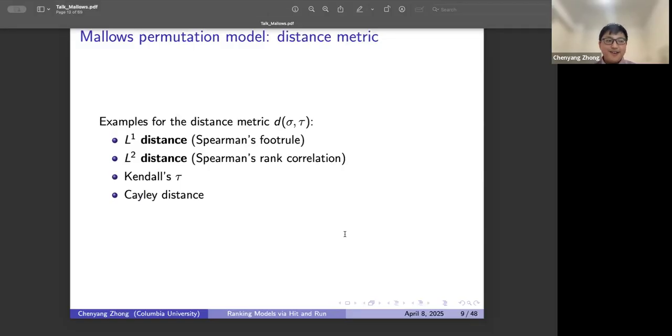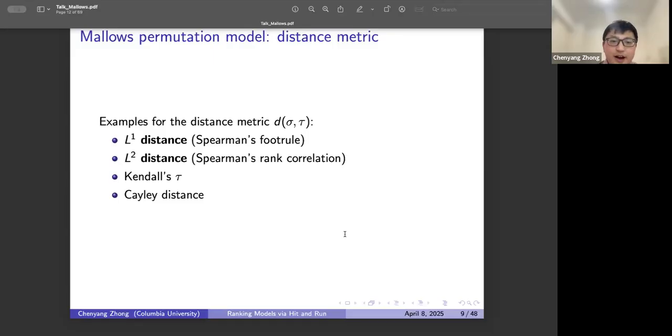Okay, so here comes a list of common distance metrics used in statistics and machine learning. The first two examples are the ones that I'm going to focus on in this talk. They are called L1 distance and L2 distance. These distances are also referred to as Spearman's footrule and Spearman's rank correlation in the statistics, psychology, and machine learning literature.